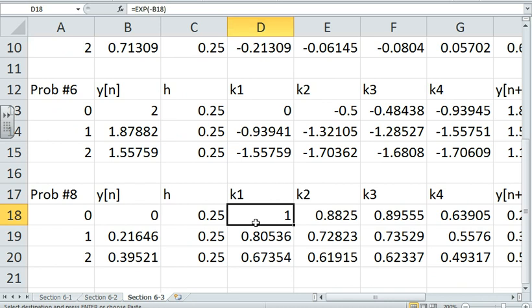Exponential minus y. I don't see how that can be anything but that. Exponential minus y plus 1/2 h k1.